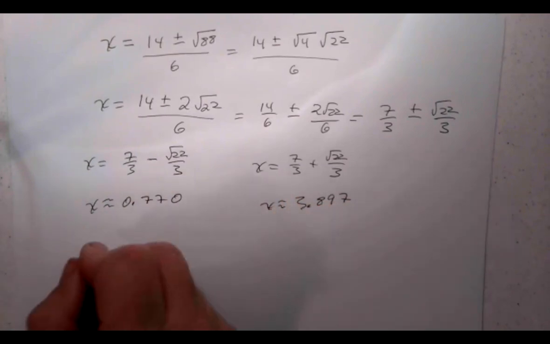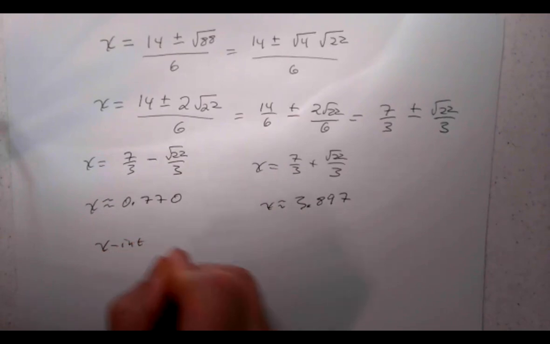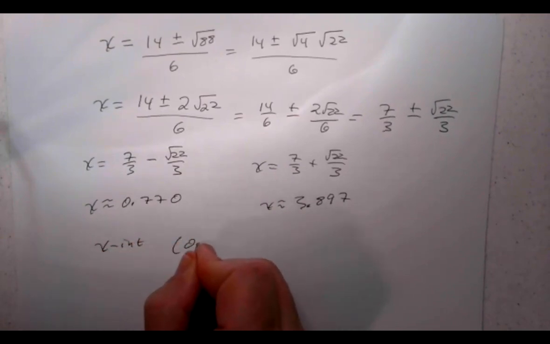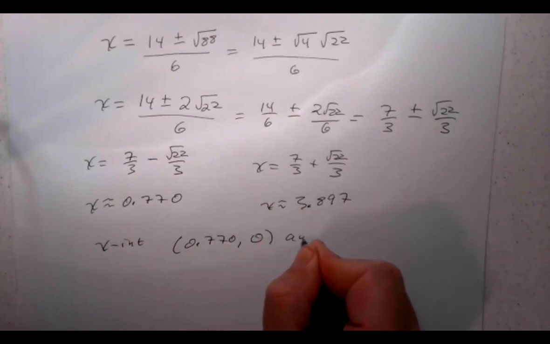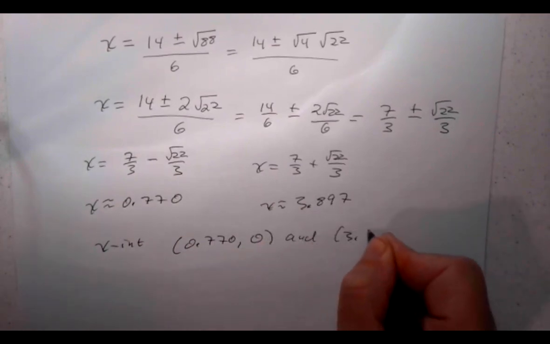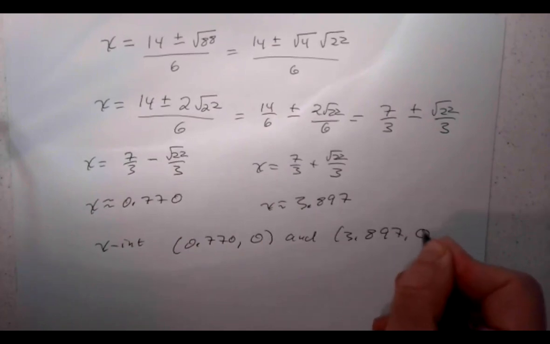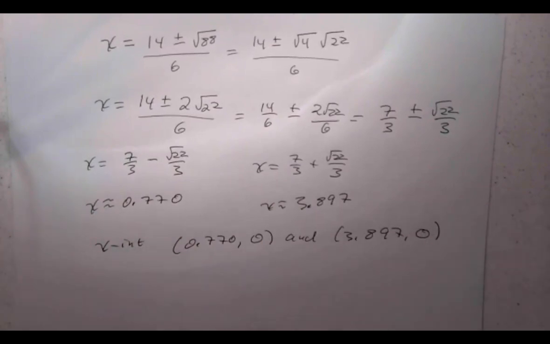So my x-intercepts, that's when the y value is 0, are 0.770, comma 0, and 3.897, comma 0. So we would like to see the x-intercepts, the y-intercept, the slant asymptote, the vertical asymptote, and the domain, all by looking at Desmos. So let's go there now.